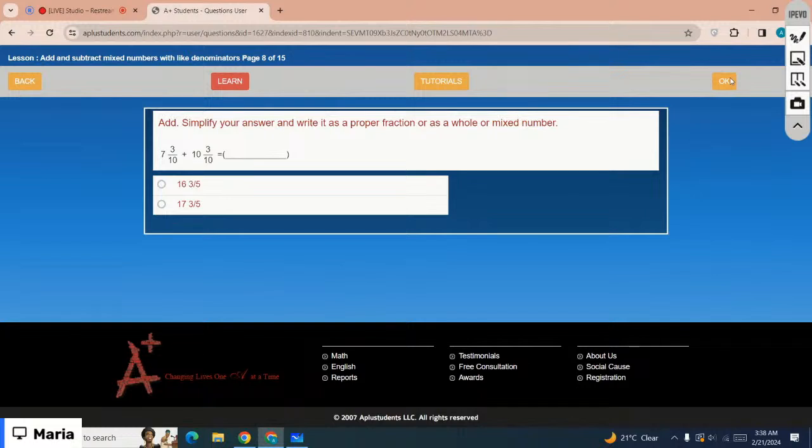Okay, 7 whole 3 by 10 plus 10 whole 3 by 10, which is the correct option? Yes, that is the second one. 17 whole 3 over 5 is the correct option.